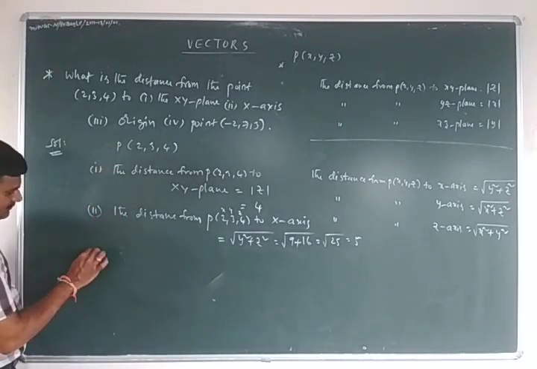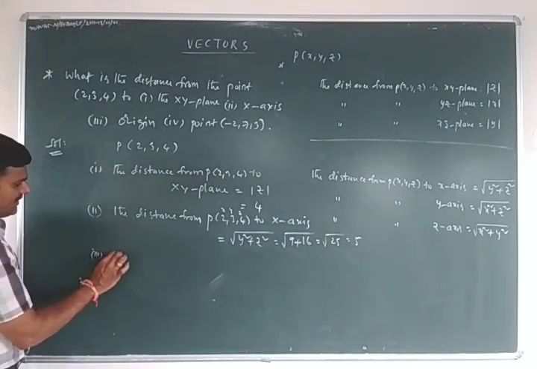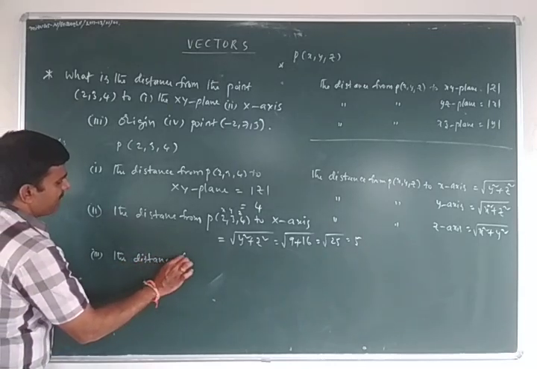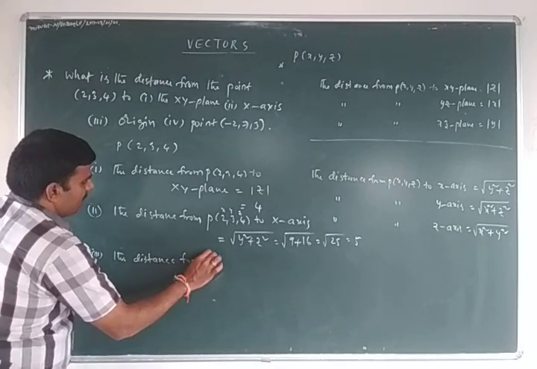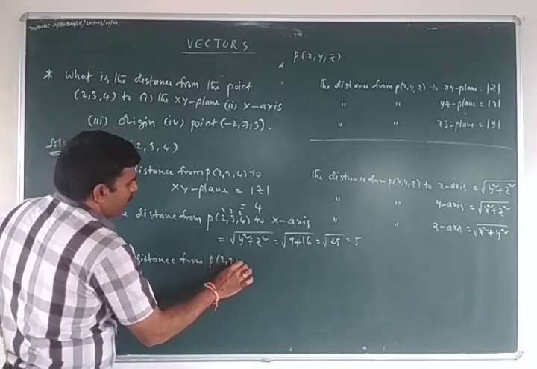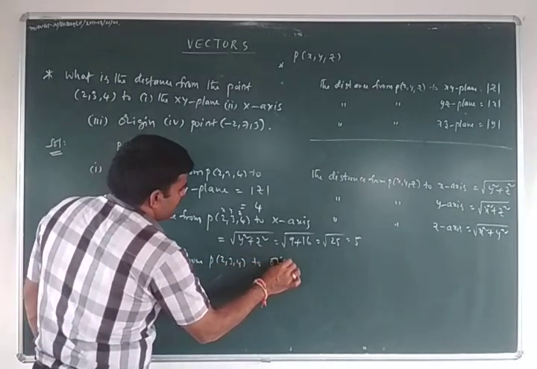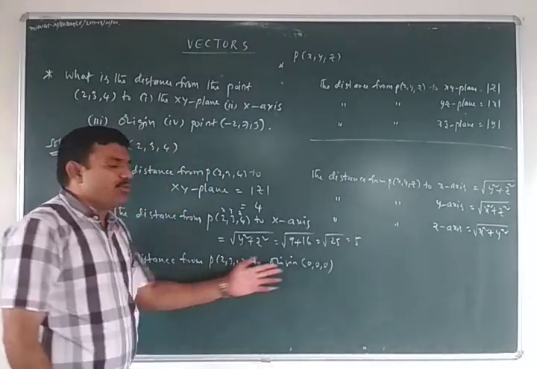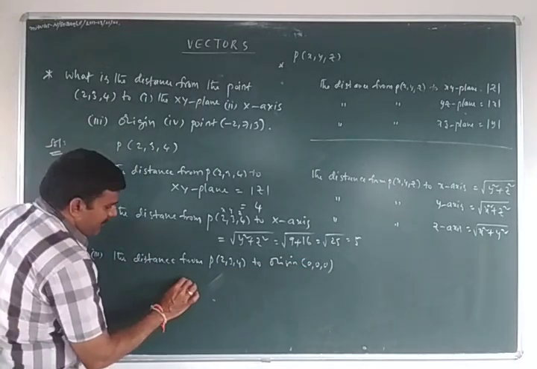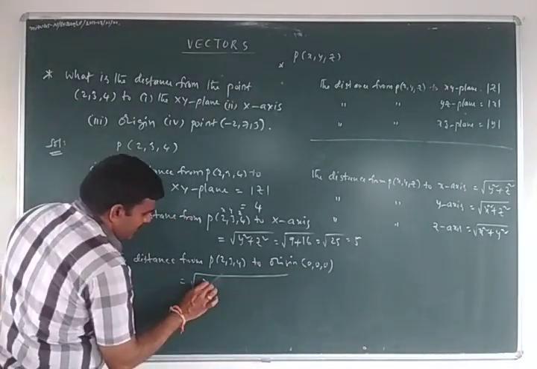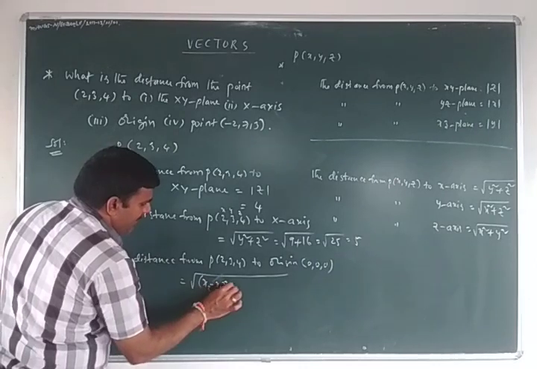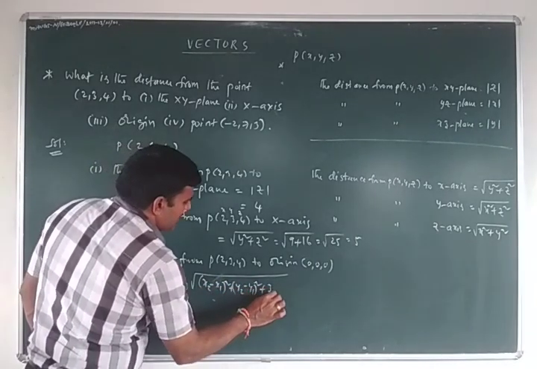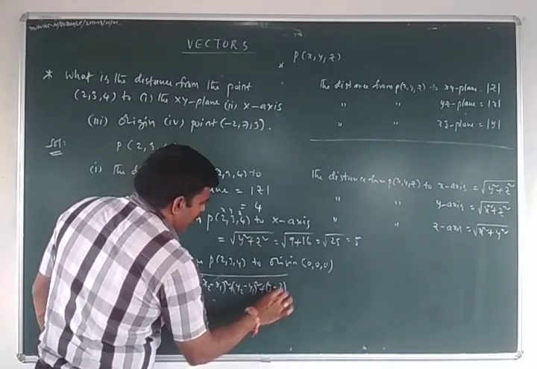And the third bit, the distance from P(2, 3, 4) to the origin. The origin is (0, 0, 0). Distance between the two points: the formula to apply is the square root of (x2 minus x1) whole square plus (y2 minus y1) whole square plus (z2 minus z1) whole square.